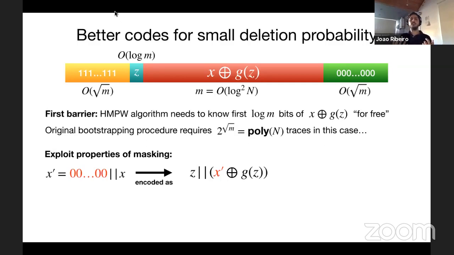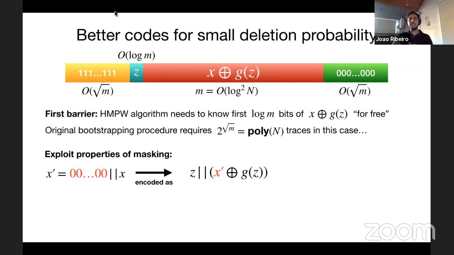What happens now is that if you find Z, you already find the first few bits of the mask automatically, because you can just compute G of Z, and the first few bits of the mask will coincide with G of Z. Okay, so now we reduce the problem of bootstrapping to just finding Z.